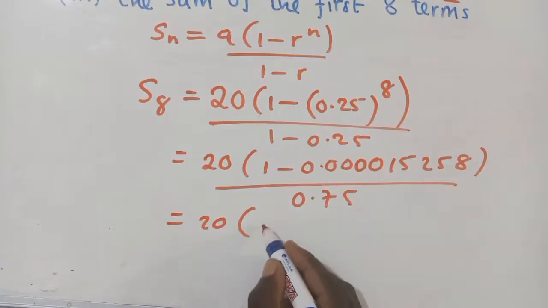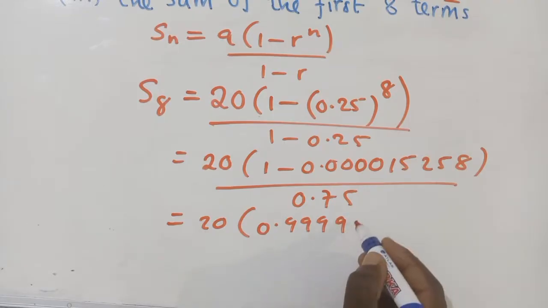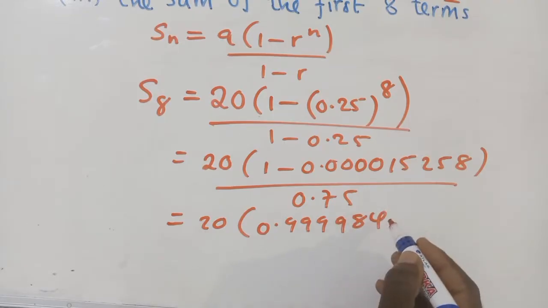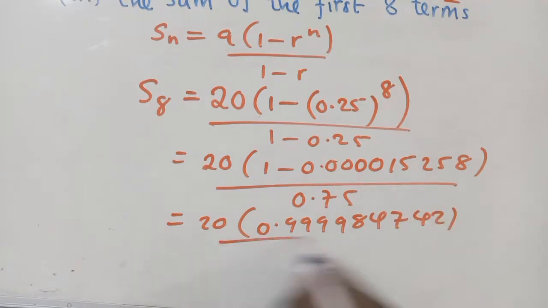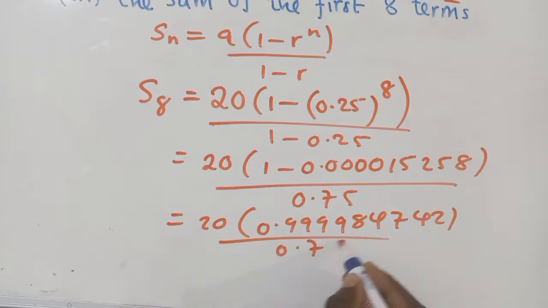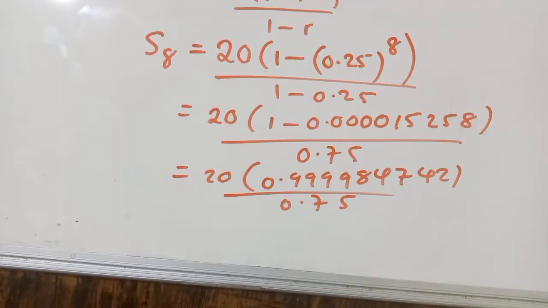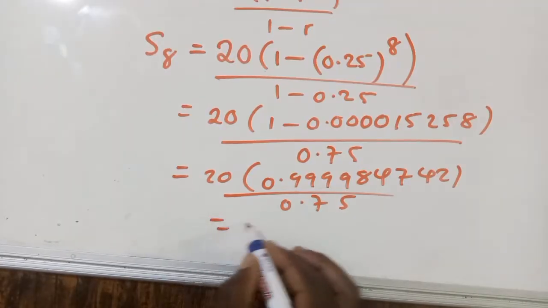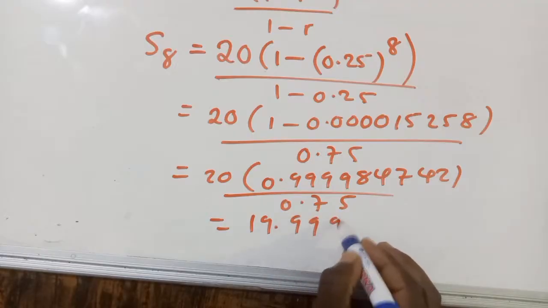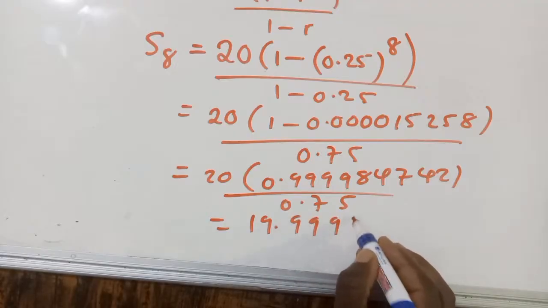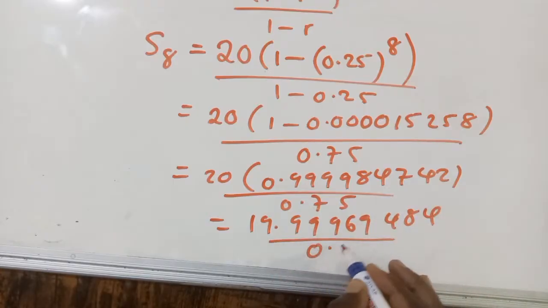It's giving you 0.9999, how many nines? 4 of them, 84742, over 0.75, of which, when you multiply by 20, it's giving you something like 19.99969484 divided by 0.75.